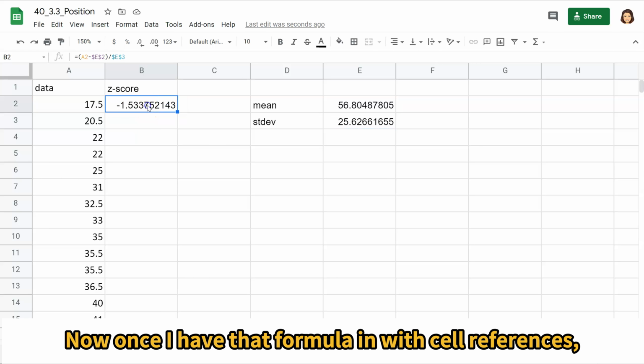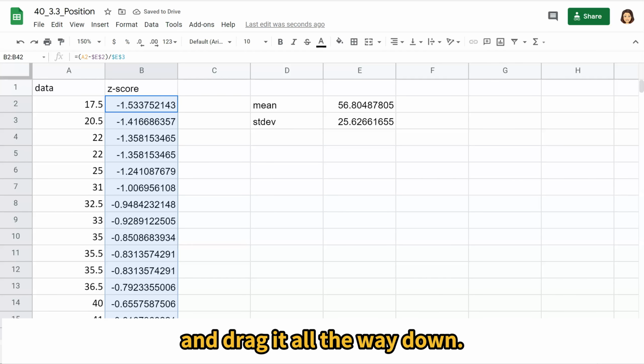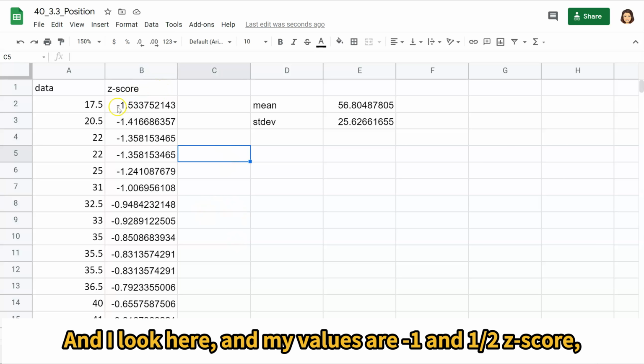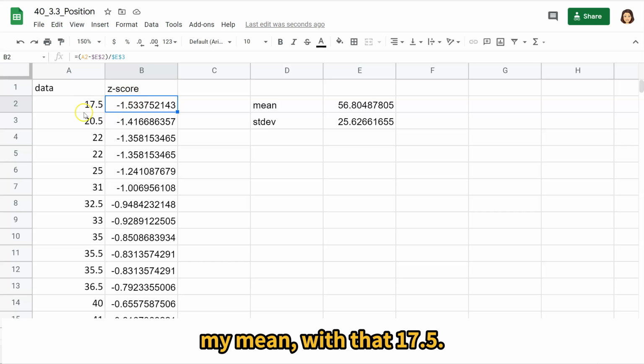Now once I have that formula in with cell references, I'm going to grab that handle and drag it all the way down. And I look here, and my values are -1.5 z-score, so I am 1.5 times the standard deviation below my mean for that 17.5.